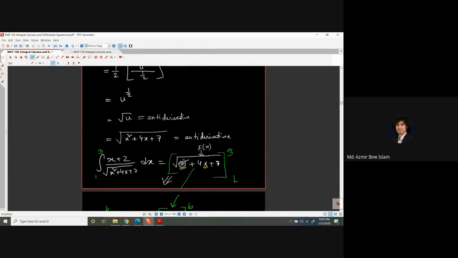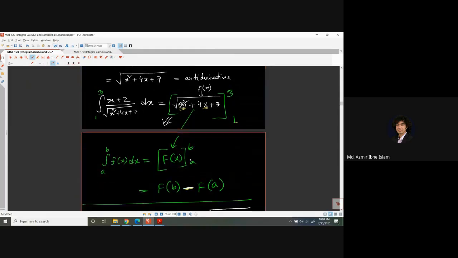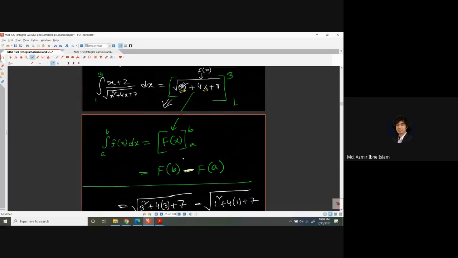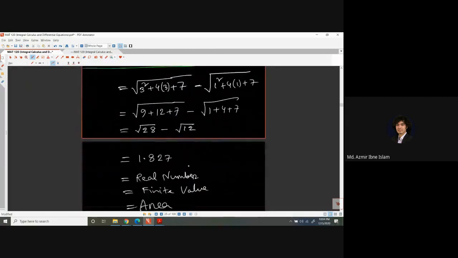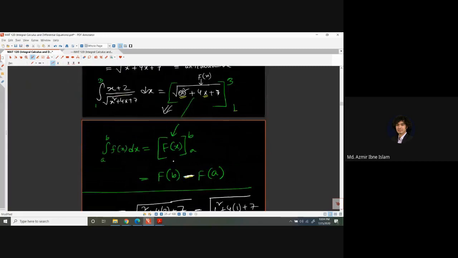So this is how we can apply the U-substitution method for finding the antiderivative or area. Okay. So we will take another example from our exercise, then we can conclude the U-substitution method here.